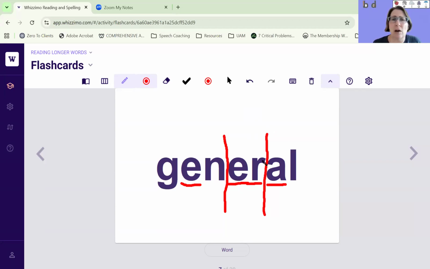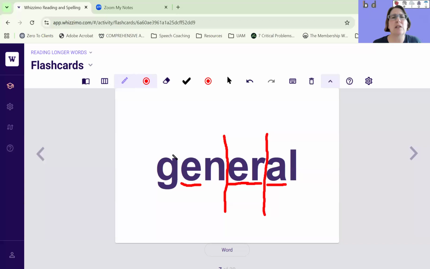Well, this ER, that's not going to be a lazy vowel because that's an R-controlled syllable. We know the sound that we're going to get there. We can't make that one lazy. This first syllable, well, this is a watch-out vowel that's softening the G to a J. So that can't be a lazy vowel either.